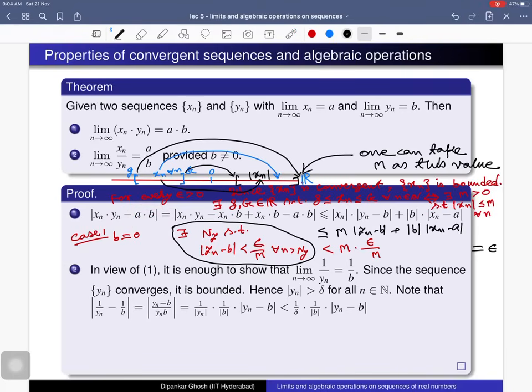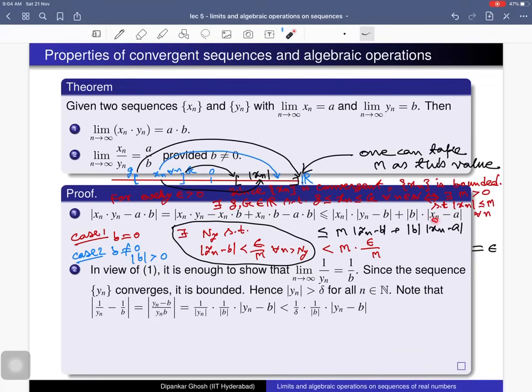Now we should consider case 2, that b is non-zero. In that case, mod b is some positive real number. In that case, we should use both the limits, this one as well as this one, and both should satisfy the epsilon-n condition.